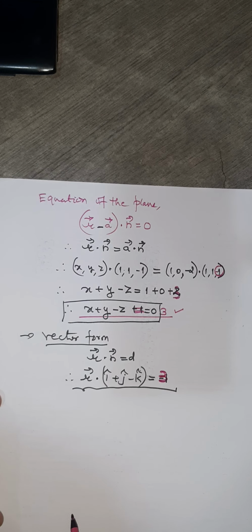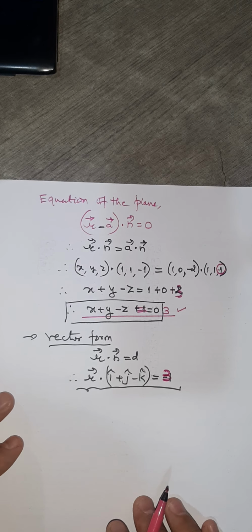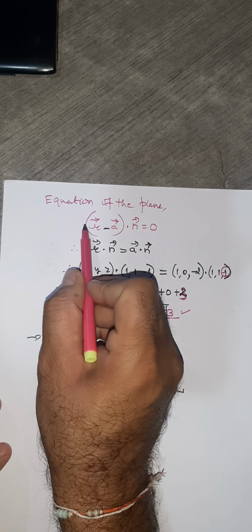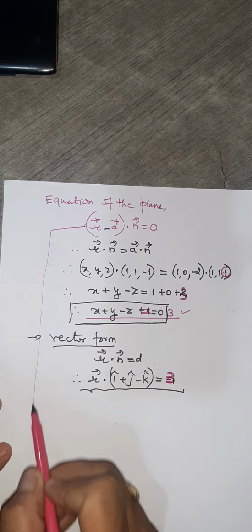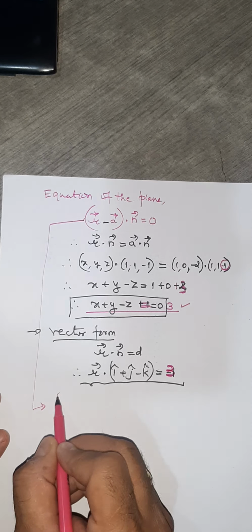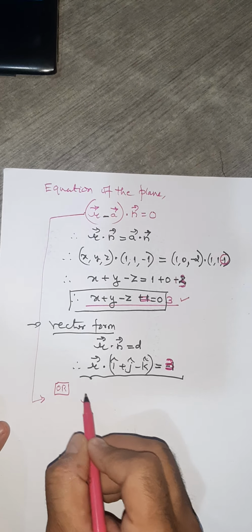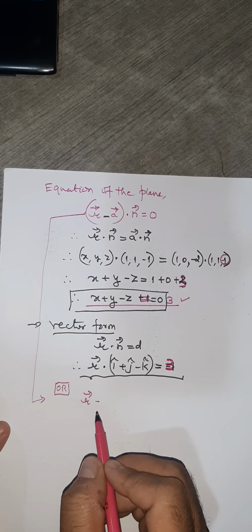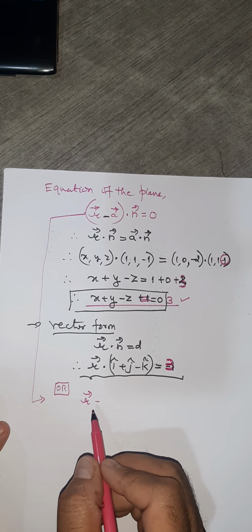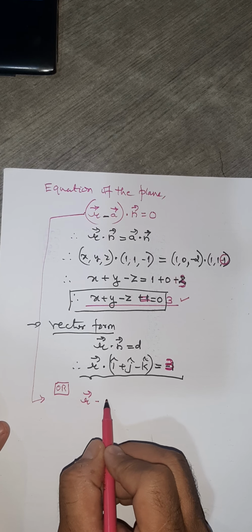Even you can write the vector form directly like this also. In this form also you can write the vector form, or this is also correct. Or you can write like this also: vector r minus the fixed point in vector form. What is that fixed point in vector form?